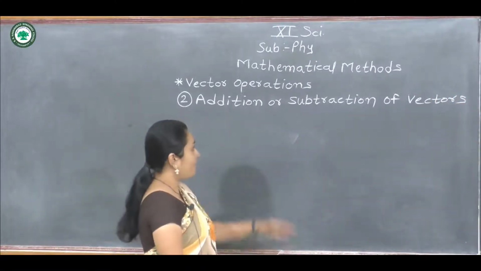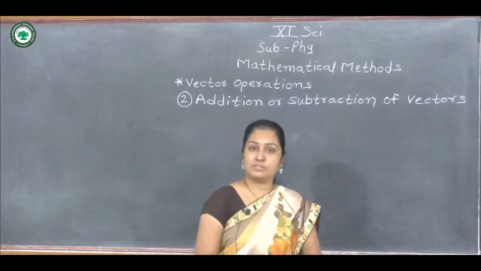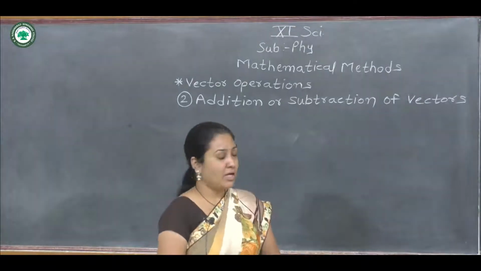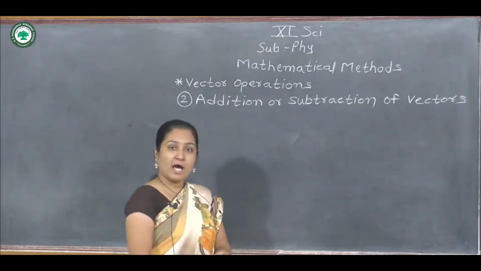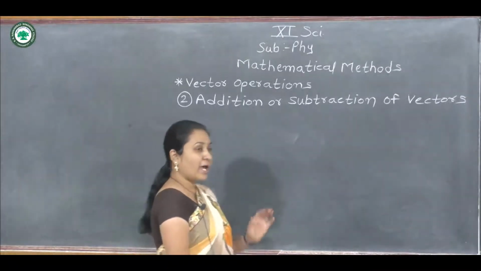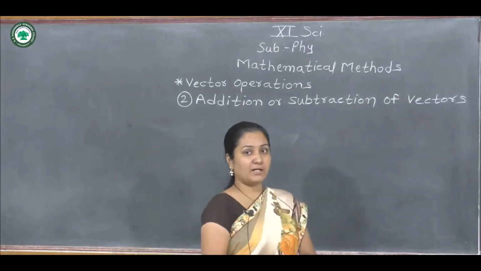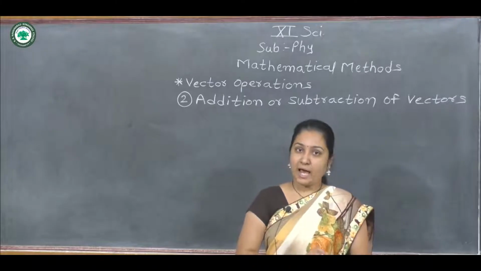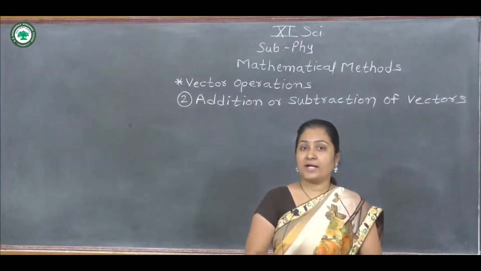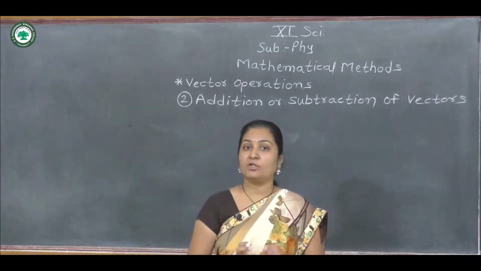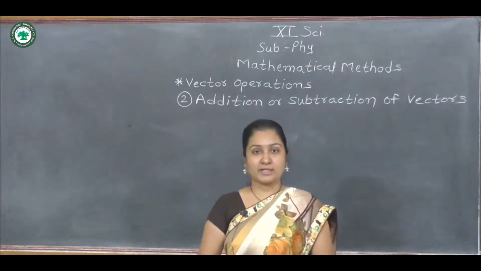We have to find the resultant of these vectors as a single vector. Either we add these vectors or we subtract these vectors depending on the direction of the vectors.